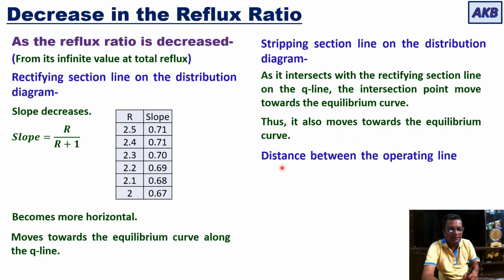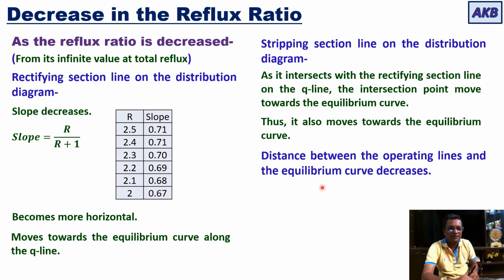And then the distance between the operating lines and the equilibrium curve decreases. So if you follow the distance between the operating lines and the equilibrium curve along the Q line, then you'll come to know that the distance decreases.